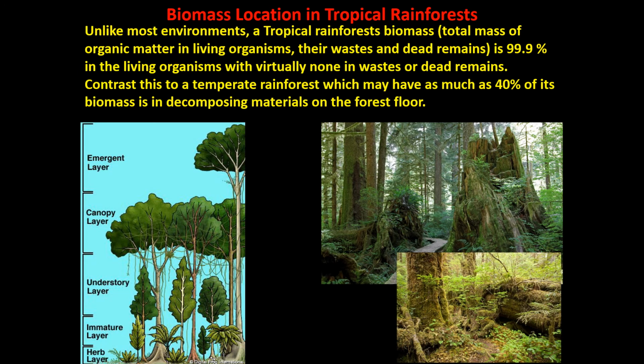Here, the biomass location in tropical rainforest is unlike most environments. A tropical rainforest's biomass, that is the total mass of organic matter in living organisms, their wastes and dead remains, is 99.9% in the living organisms, with virtually none in wastes or dead remains.